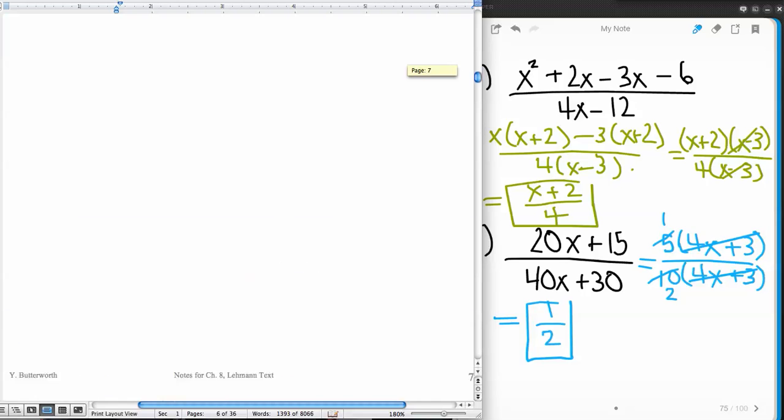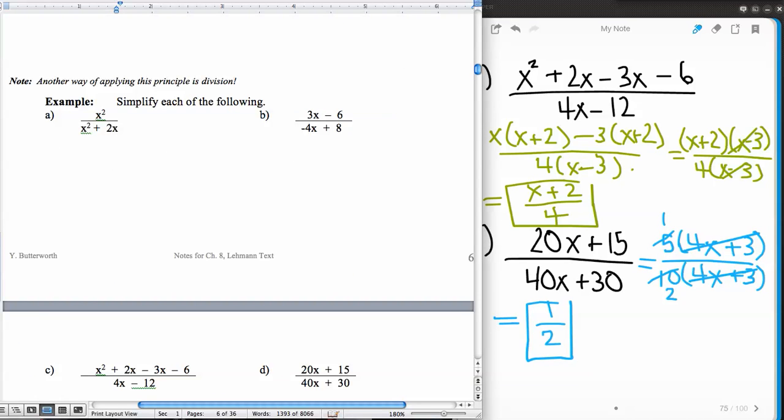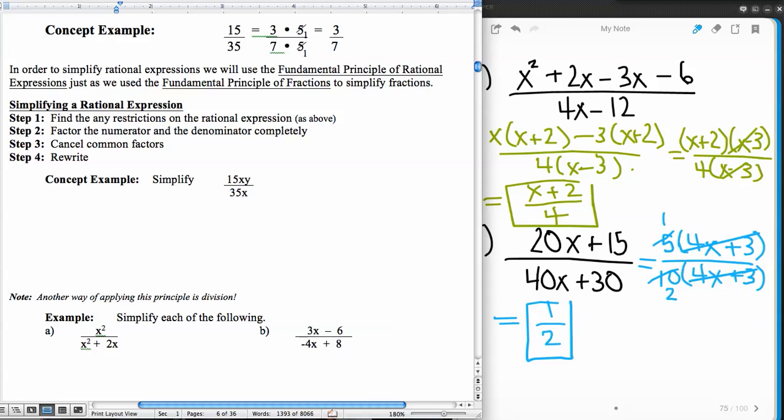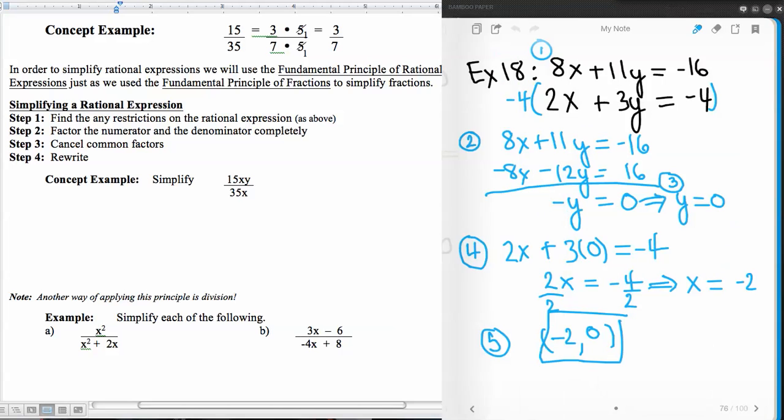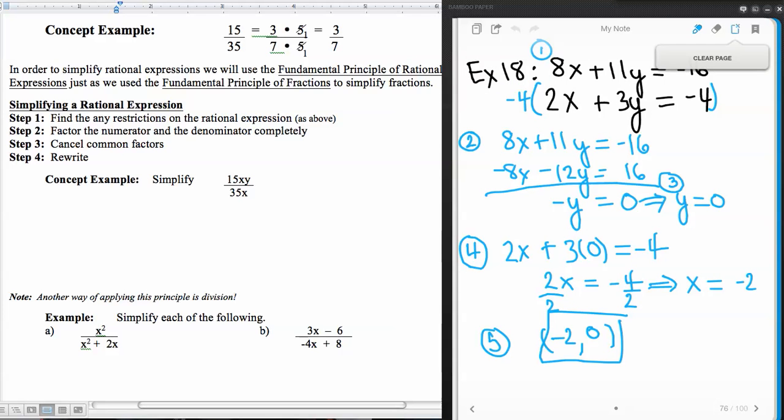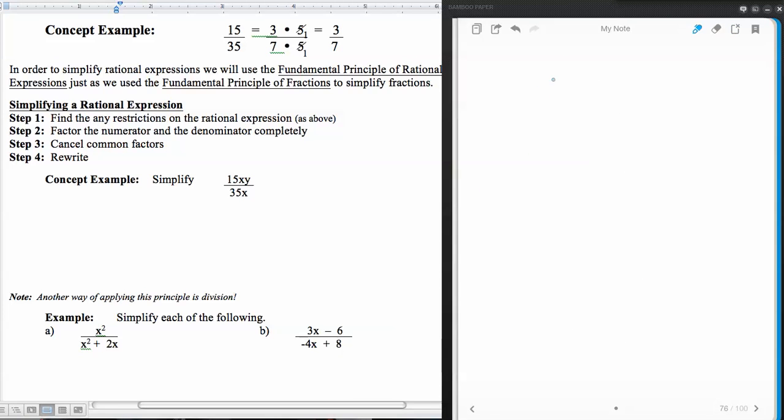All right, now let me just briefly talk about what the first set of the instructions set up here about finding restrictions. Restrictions on a domain mean that we can't have the denominator equal to 0. So in 35x in the denominator here, the x can't be equal to 0.